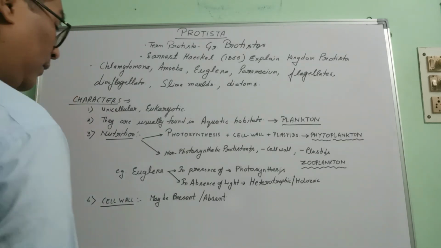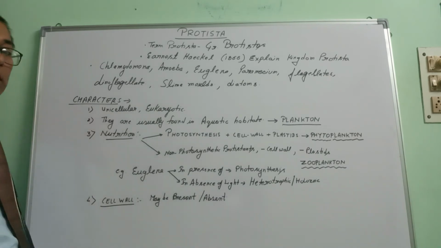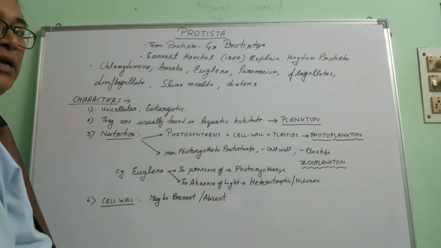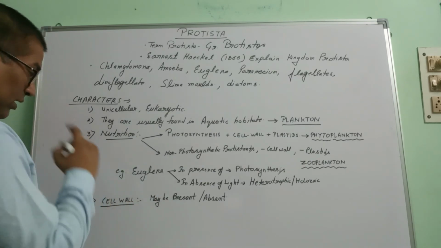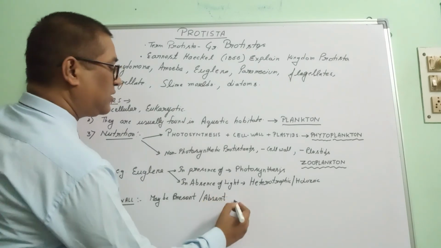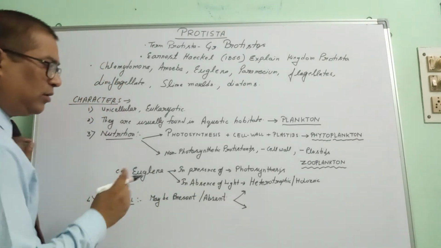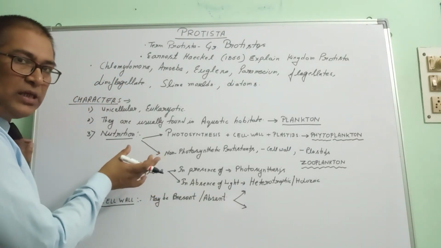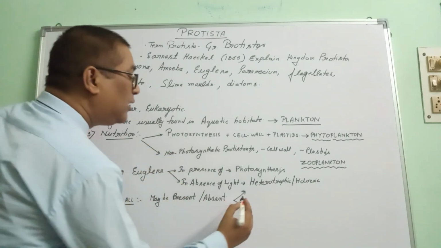Regarding the presence and absence of the cell wall, there is a differentiation on the basis of nutrition. Autotrophs show plant-like characteristics.